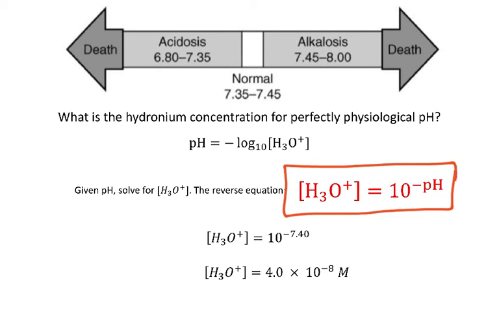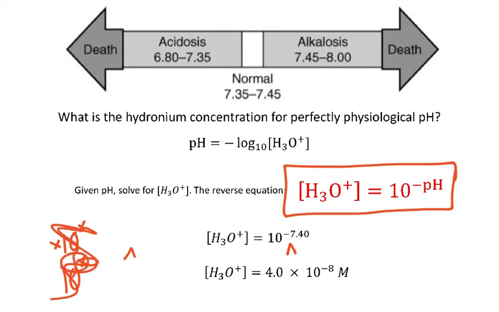7.4. We can take 10 caret, raised to the, we don't want to use the 10x button. That's more for exponents. Here, you can just use the caret. I mean, it'll work if you do it this way, but it's not technically correct.